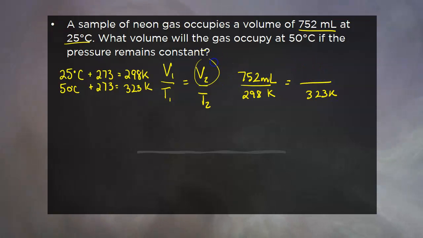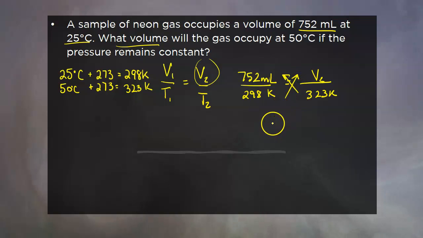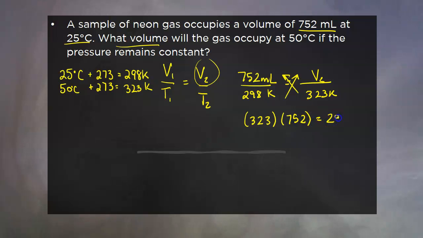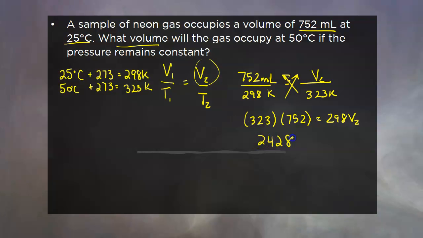And we don't know volume 2, but they're asking us what the new volume is. So I'm going to put volume 2 there. We can do a good old cross multiplication. So we get 323 times 752 equals 298 times V2. Let's do the math. 323 times 752 is a big number, 242,896.